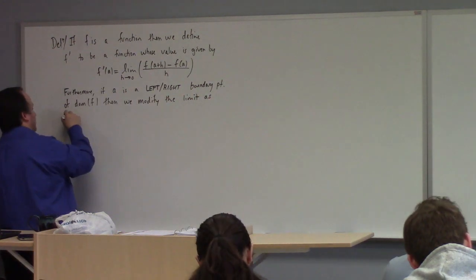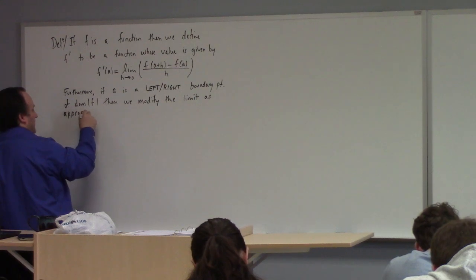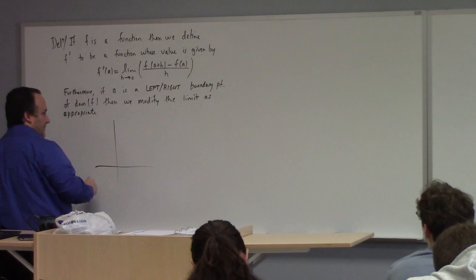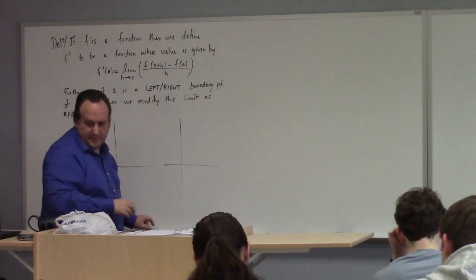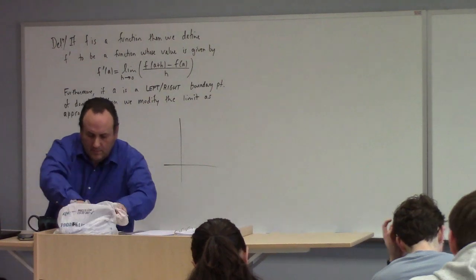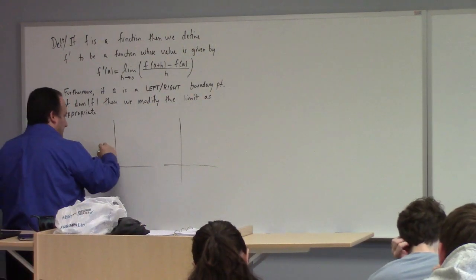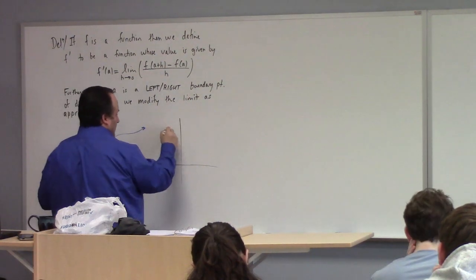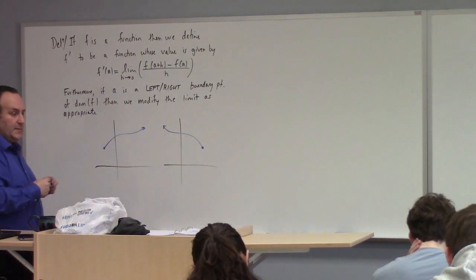And so you probably can figure out what I mean by that if I just draw two pictures, right? So let's think about a left boundary point might look something like this here, all right? And maybe a right boundary point looks something like that there, right?